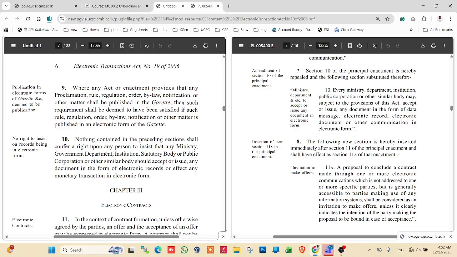So what does 10 say? I can't go and ask, now that the Electronic Transaction Act is there, that they have to start issuing electronic documents.